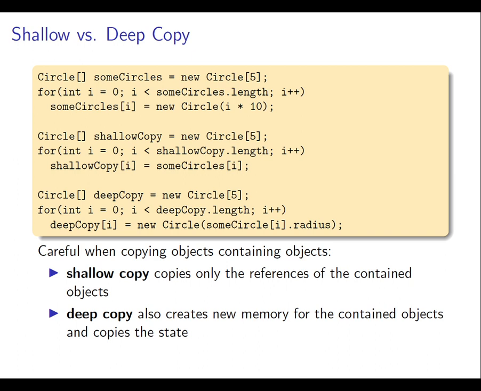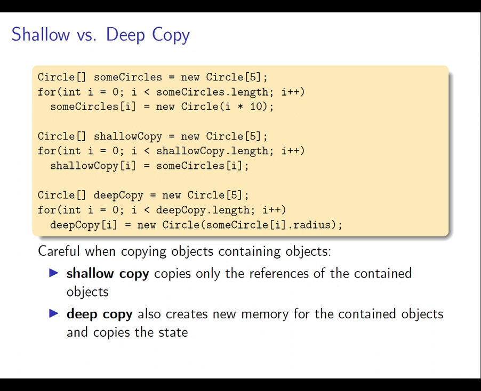In this case we are creating each circle with a different radius by passing as its radius the current loop variable times 10. So here we've got an array of circles of different size. That's the point there really.